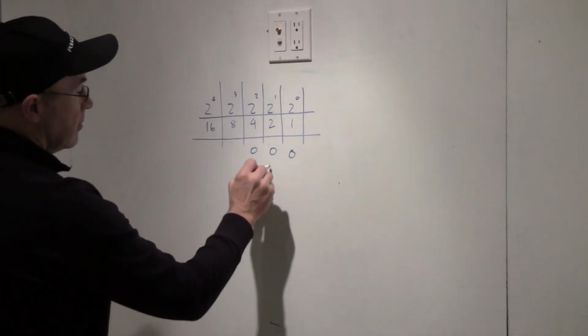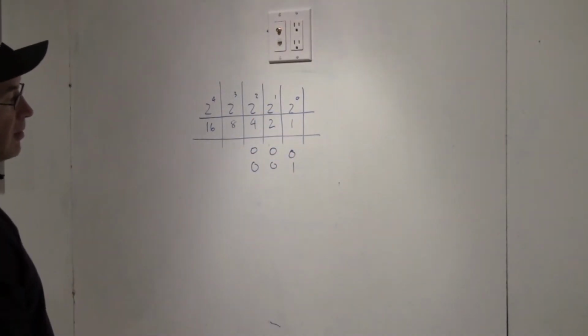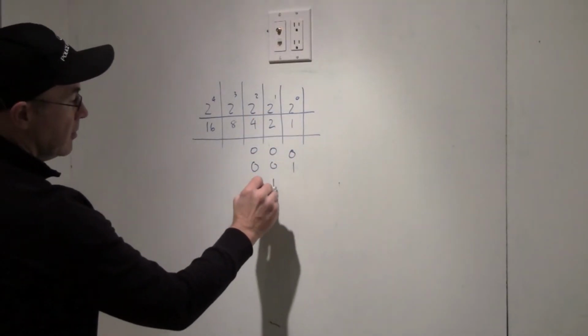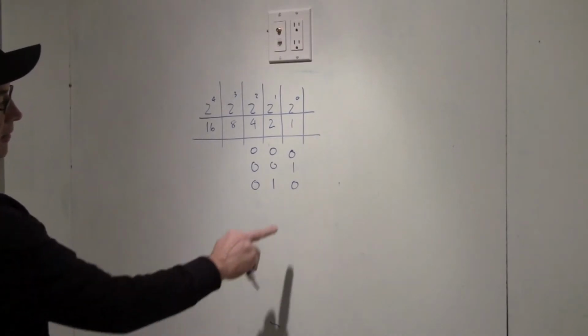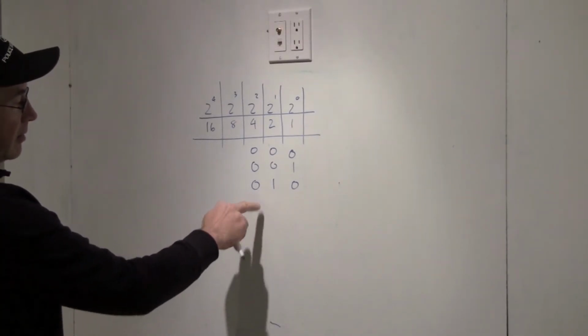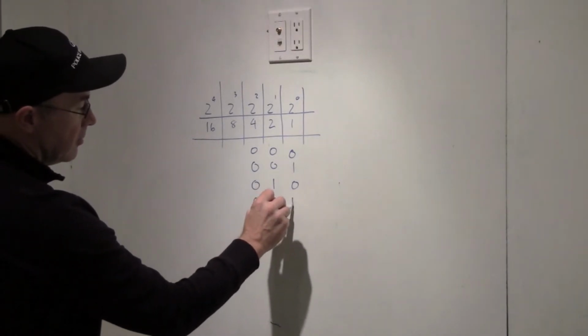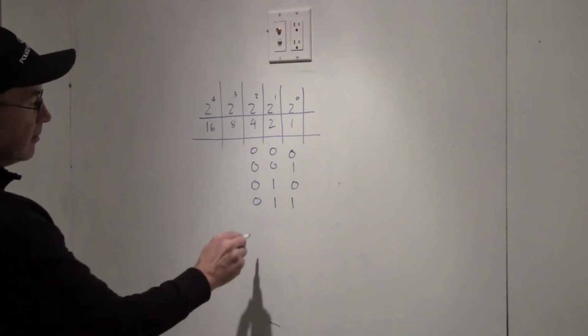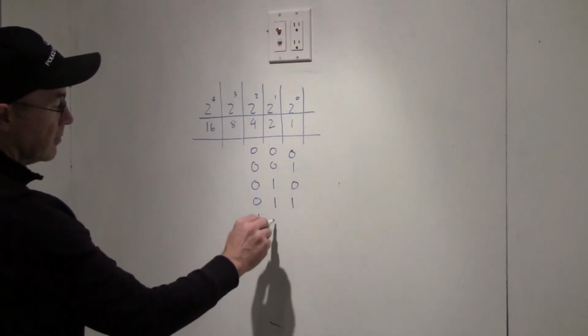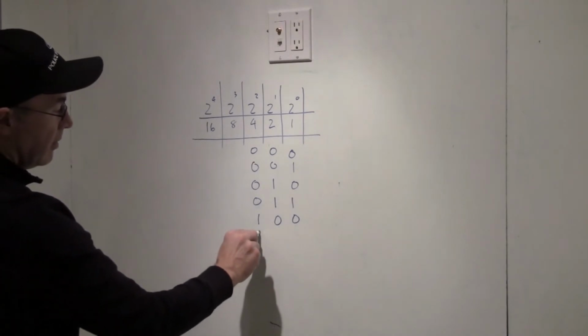A 1 goes like that, so it's 2 to the 0 power, which is 1. 2 would just be like this: nothing in the ones column, 1 in the twos column, nothing in the fours column. If you want to go to 3, you have a 2 and a 1, that makes 3. If you want to go to 4, 1 in the 4's column, nothing in the 2 and 1 columns.